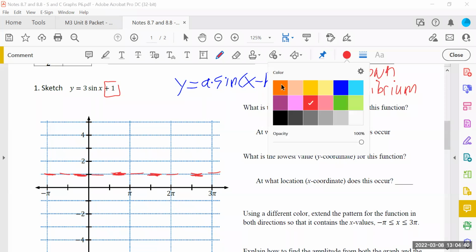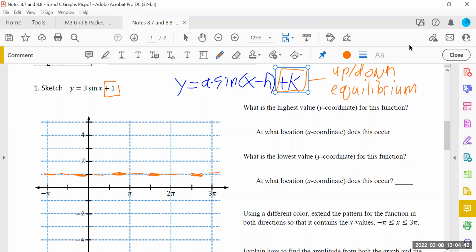We said that the A value is our amplitude if it's the absolute value. The absolute value of that is the amplitude. So we're just going to draw our maximum line, the highest one, as 3 above this.